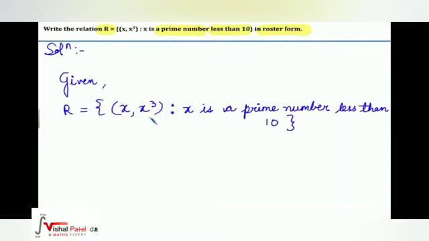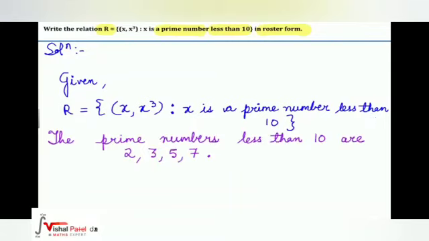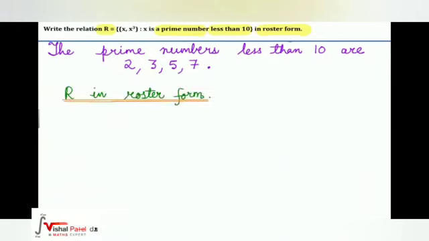So in this given (X, Y) where Y is equal to X cube, X is a prime number less than 10. So we all know the prime numbers less than 10 are 2, 3, 5 and 7. So the relation in roster form is: if we take 2, then Y is 2 cube, that is 8.